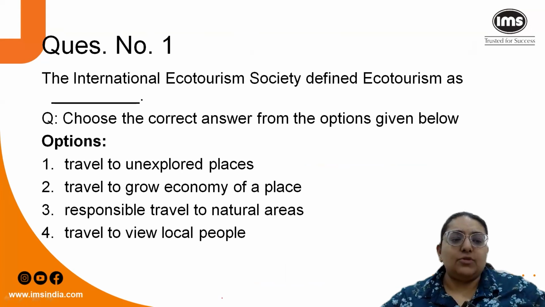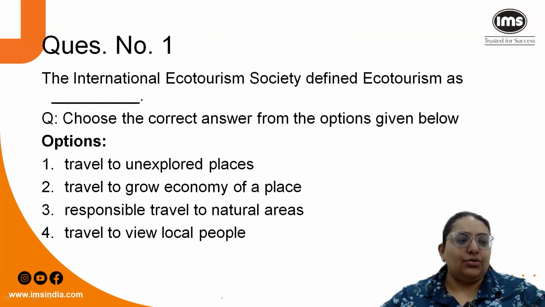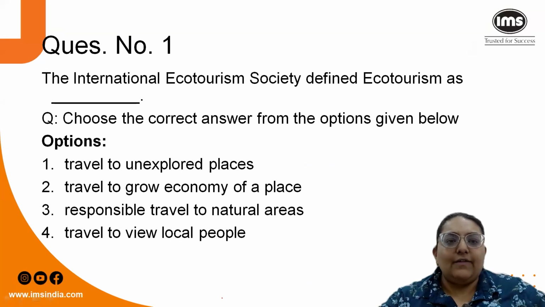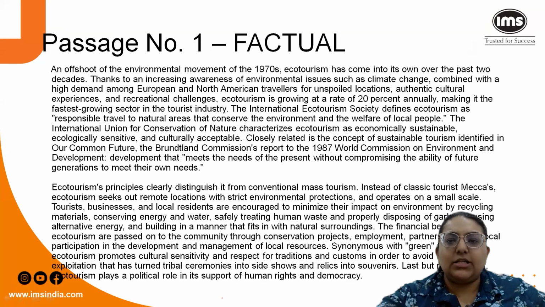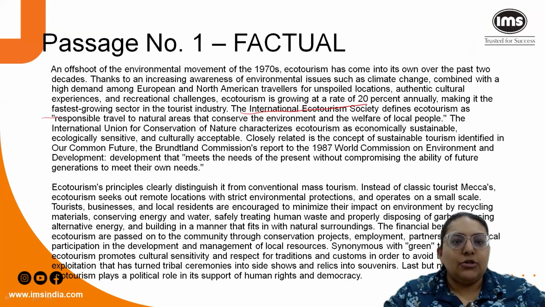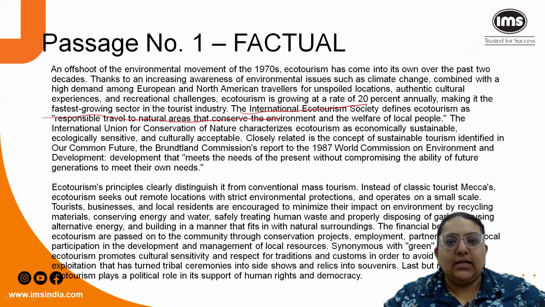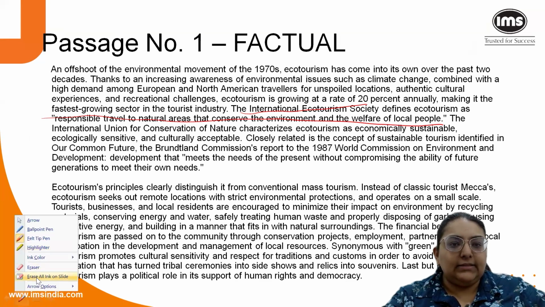The International Ecotourism Society defined ecotourism as. So what was ecotourism? Ecotourism is something which is for the benefit of the environment and the people. The International Society defined it, here in the first paragraph, as responsible travel to natural areas that conserve the environment and welfare of local people. So conservation of environment and welfare of local people, that is ecotourism.